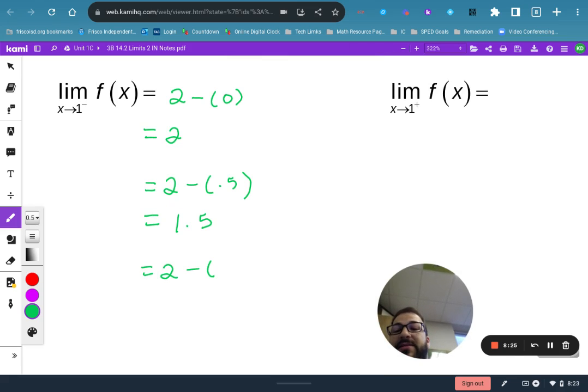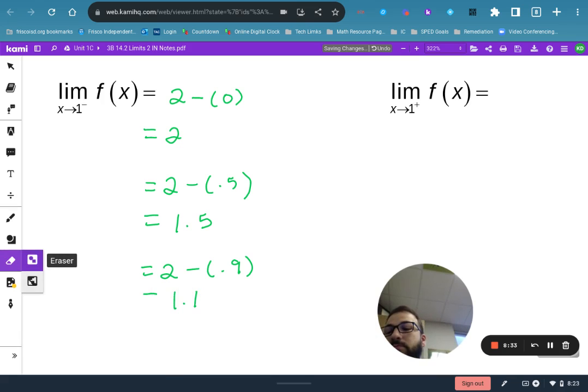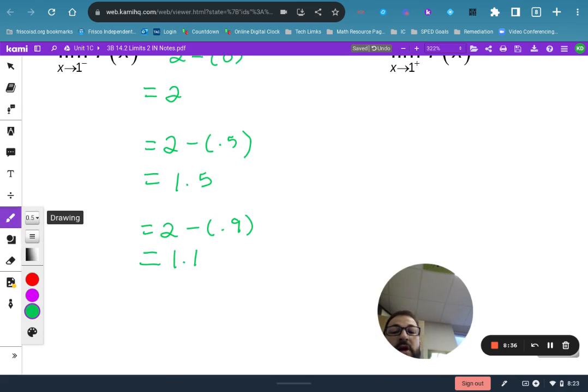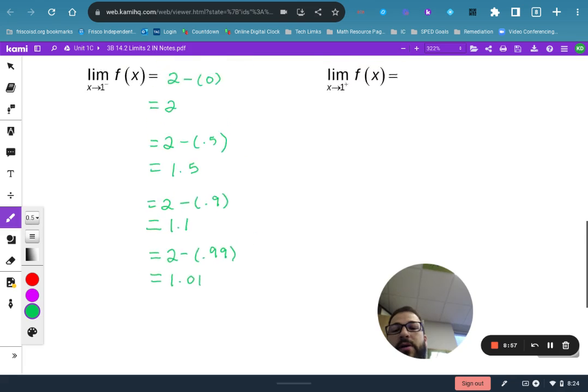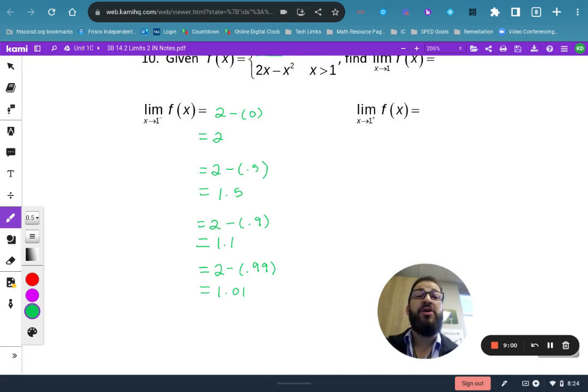So 2 minus 0.9 is equal to 1.1. Let's do something a little closer than 0.9, like 0.99. So 2 minus 0.99 would be equal to 1.01. Hopefully that starts to paint a picture of what y value we're getting to as we get closer and closer to 1.